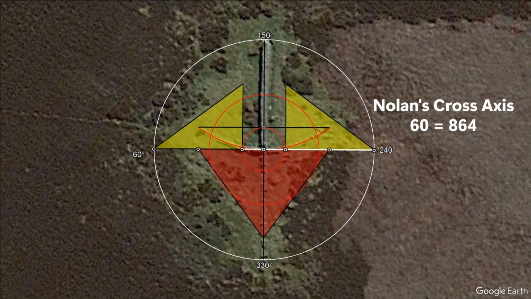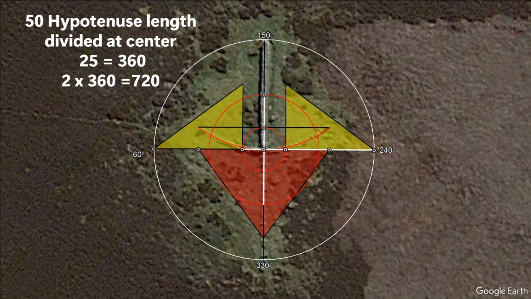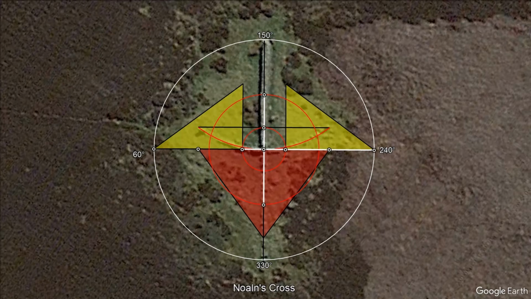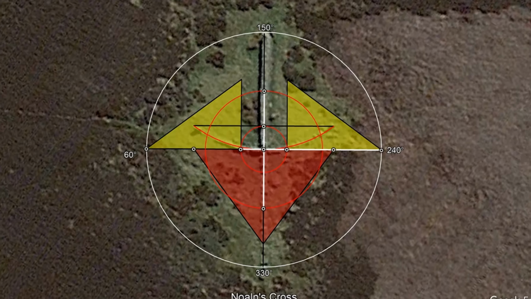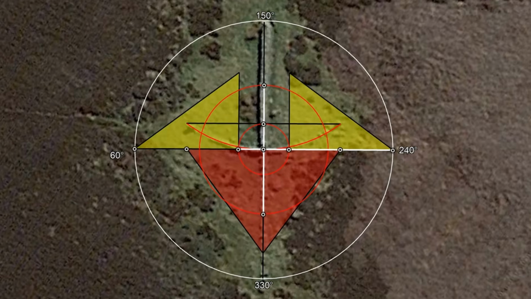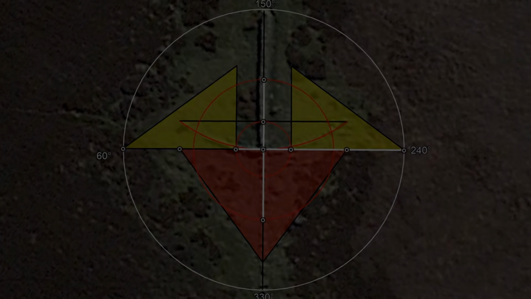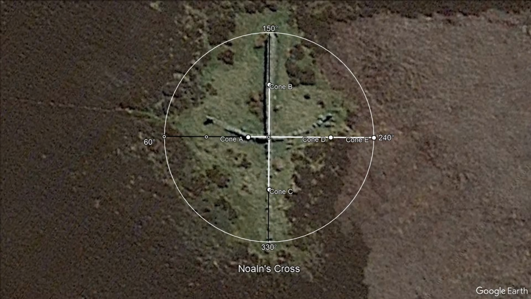Now, when we add Nolan's cross, which is 50 or 720, we will add that bisected at the center origin. And this will divide our axis into 4 equal segments of 360, which also matches Nolan's cross design. So there we go.